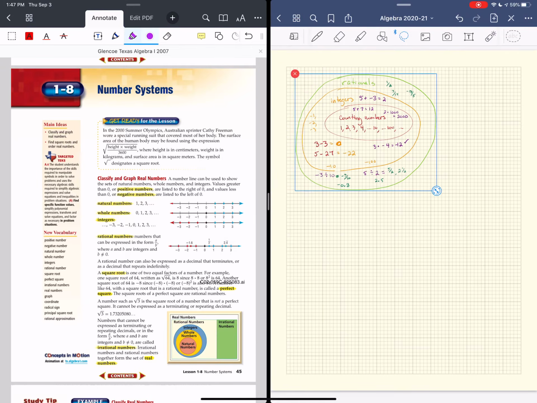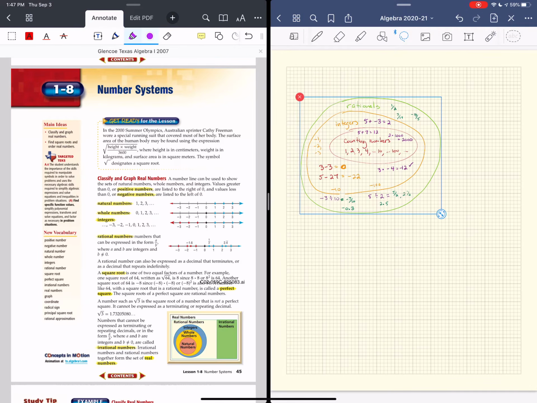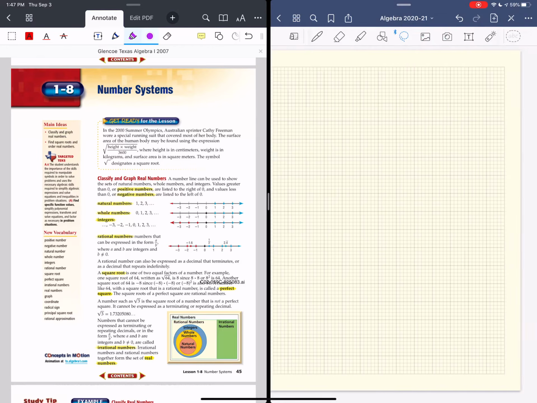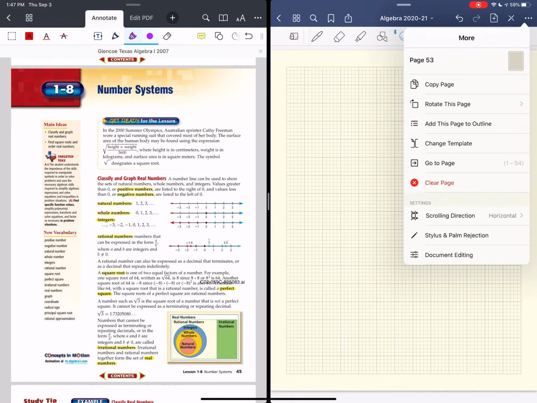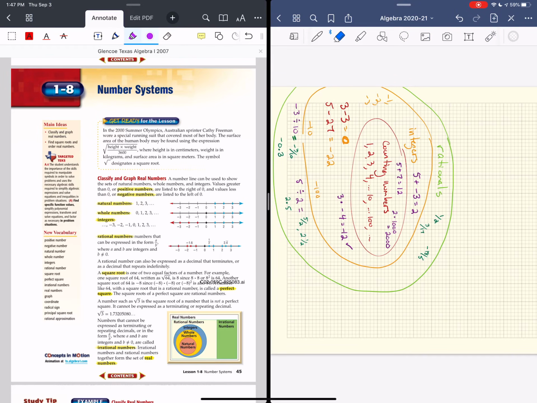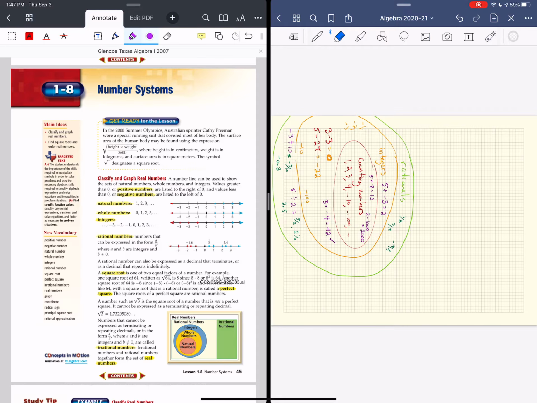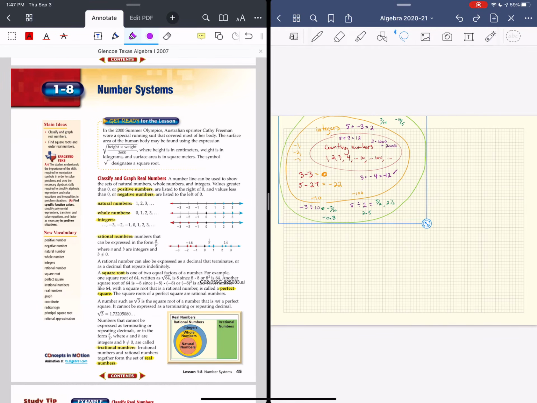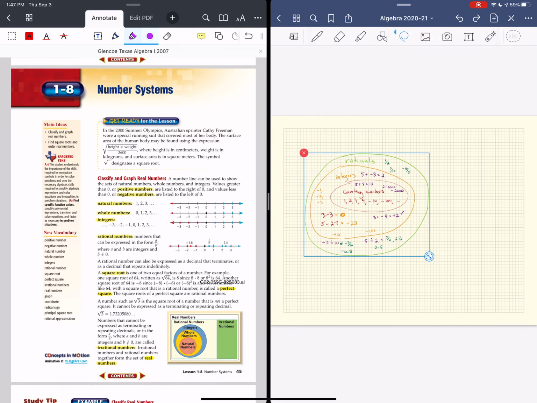And make it a little smaller so we have more room. Oh, of course. Okay, hold on. Why did you do that? Stop. One more try. Here we go. There we go. That's what I wanted. Make that a little smaller.